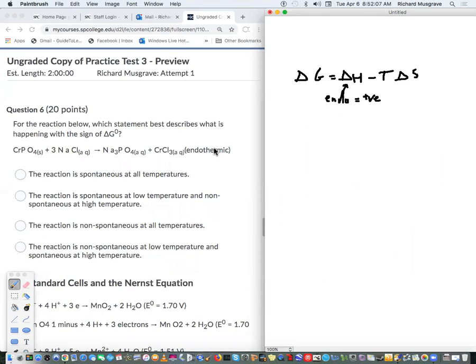The delta S we have to get by looking at what's going on in the reaction and looking at how many particles we're getting on each side. So we're getting CrPO4. I'll write it out here. Now, it's important that we write down the states here as well, because those are going to be important.